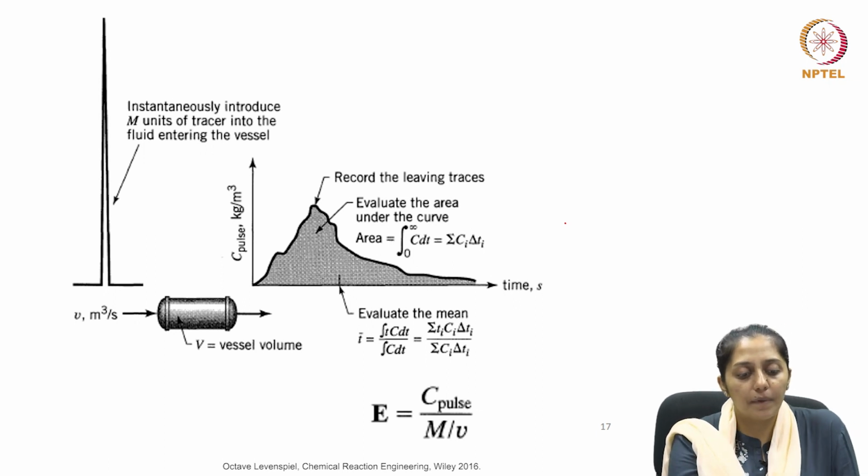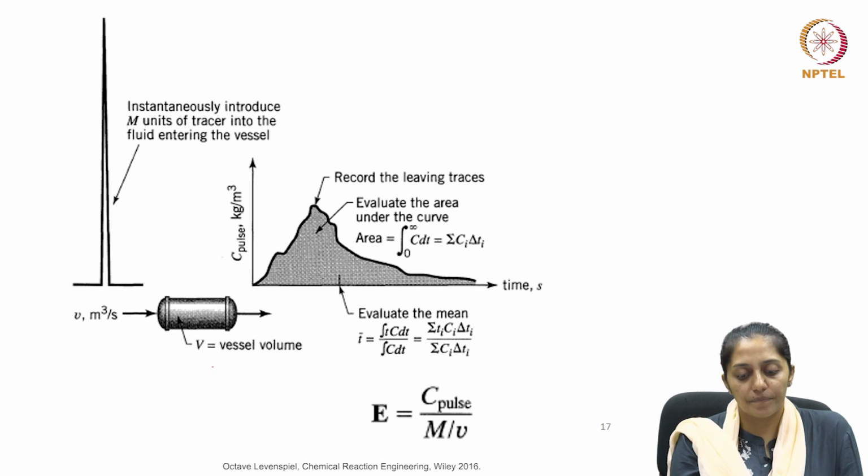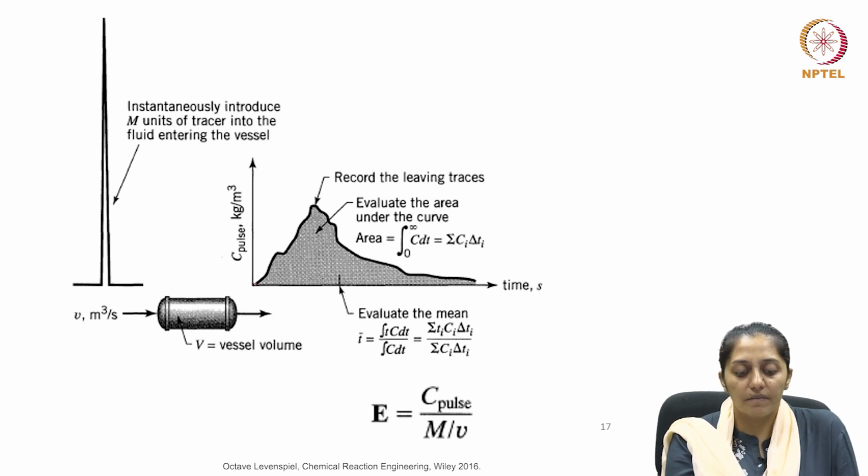As the m amount of tracer is instantaneously introduced into the fluid entering the vessel, as shown here, when we start noting down the concentration, it will rise to a value and then start decreasing because of the subsequent dilution by the incoming stream.